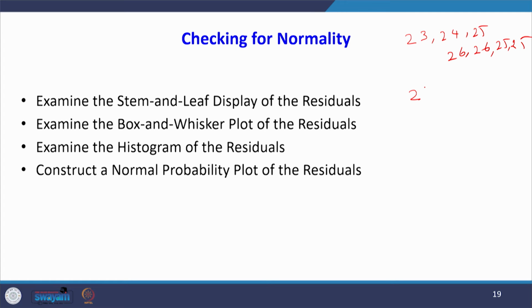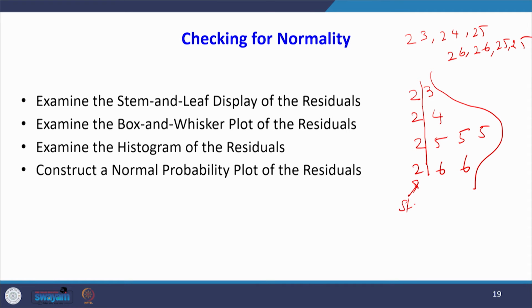So, this is 23, 2 | 4, 2 | 5, next 2 | 6, again 2 | 6, again 2 | 5, again 2 | 5. This portion is called the stem, the first digit is the stem, the second digit is the leaf. So, if this pattern follows a normal distribution, this is one way to check the normality.